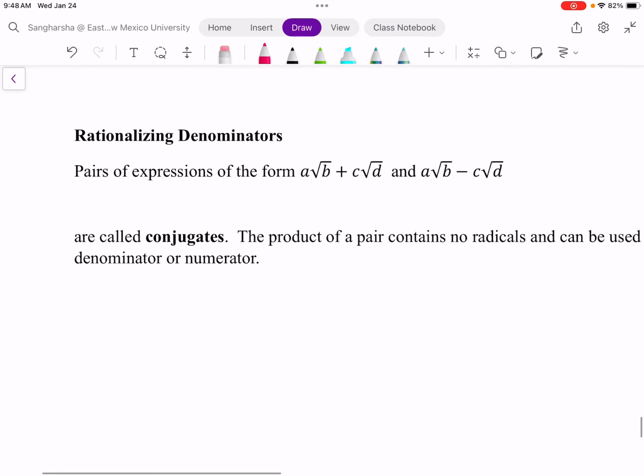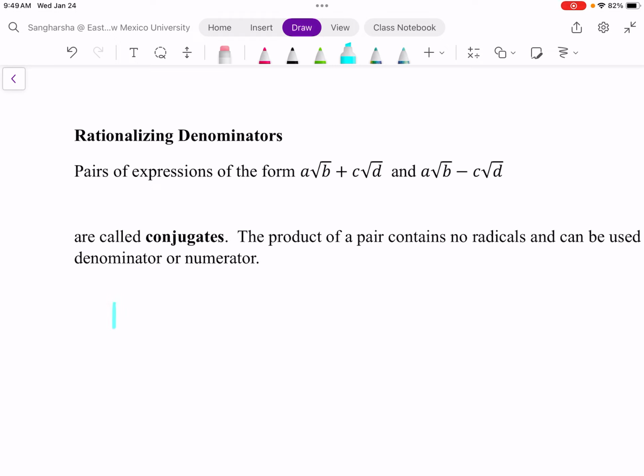Okay, next we have rationalizing denominators. Rationalizing denominators means we have a rational expression, and that rational expression has an irrational denominator. If we have an expression with an irrational denominator, converting that irrational denominator into a rational denominator is rationalization.